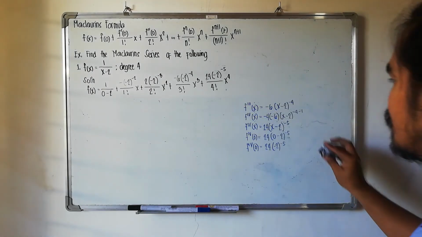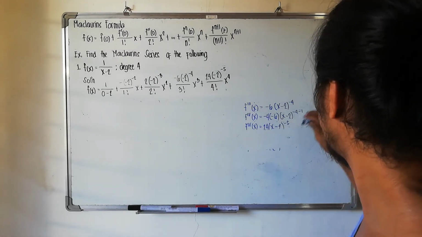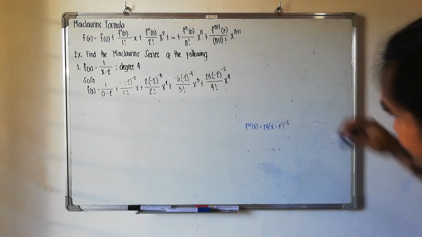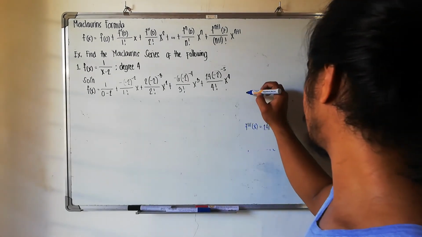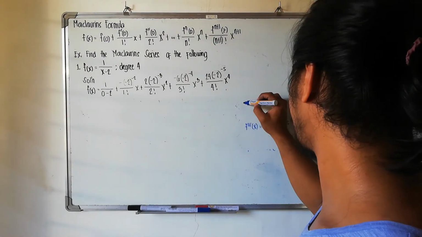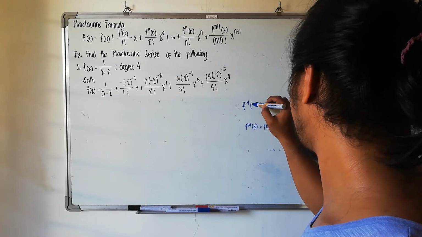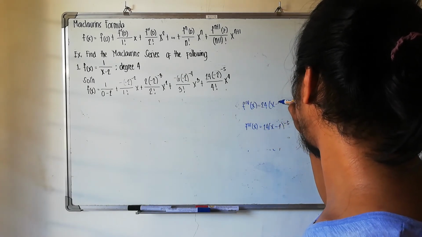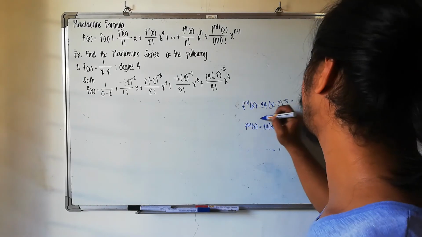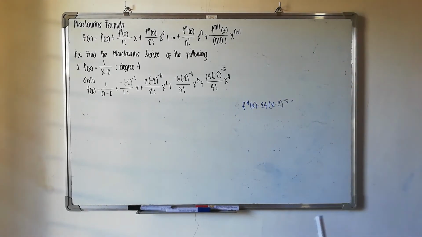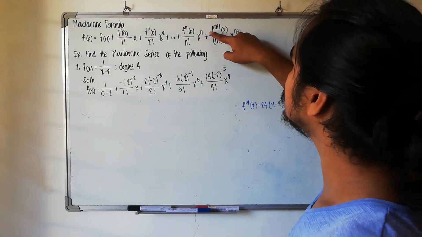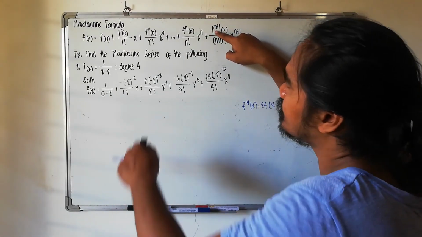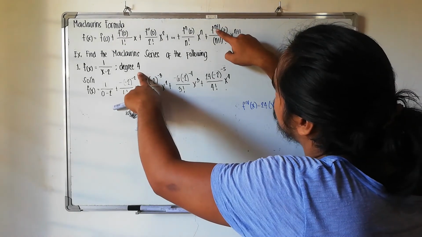To solve for the remainder, so the remainder of the function, the fourth derivative. So f of 4 of x over 24 is x minus 2 raised to negative 5. So the remainder would be the derivative of your function n plus 1, where your n is equal to 4, so n plus 1 is equal to 5.